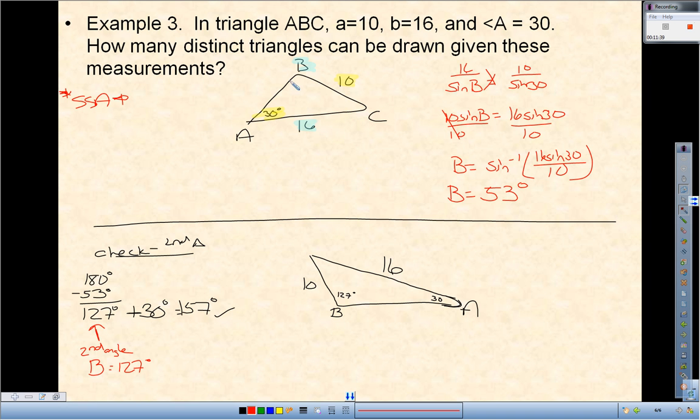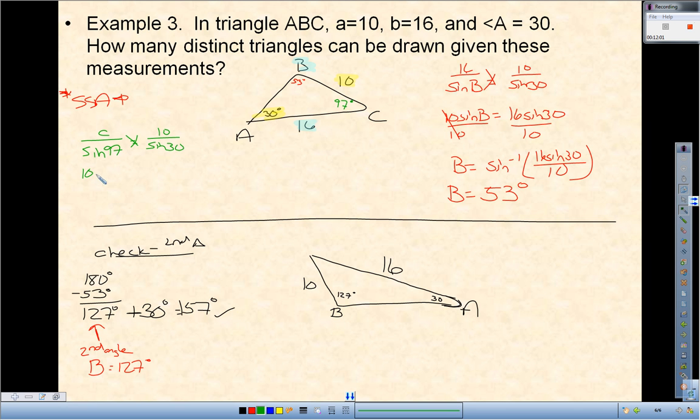We said that angle B was 53 degrees right there. So the quickest thing for me to do for this triangle is to find angle C. The way I could do that is add the 53 and the 30 and subtract that from 180. That's going to give me 97 degrees. And so now I can find side C. I'm going to have C over sine of 97 degrees equals 10 over sine of 30.